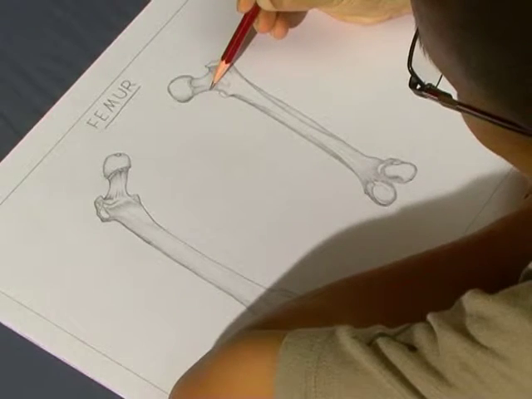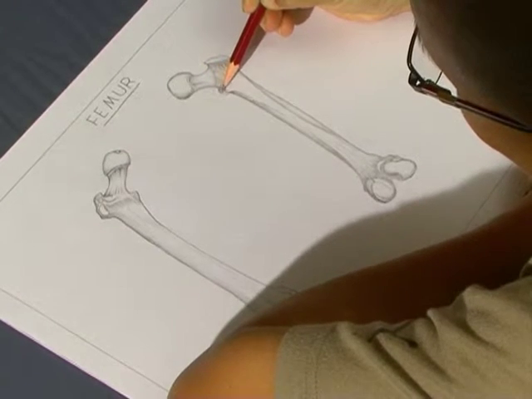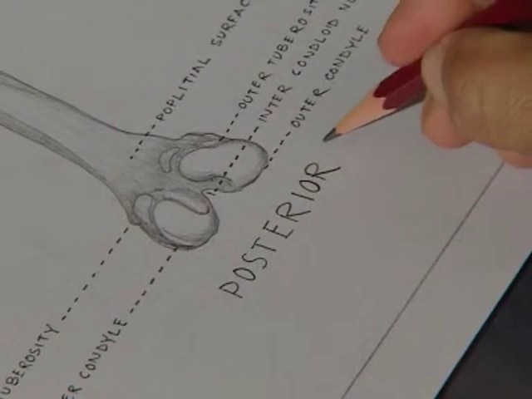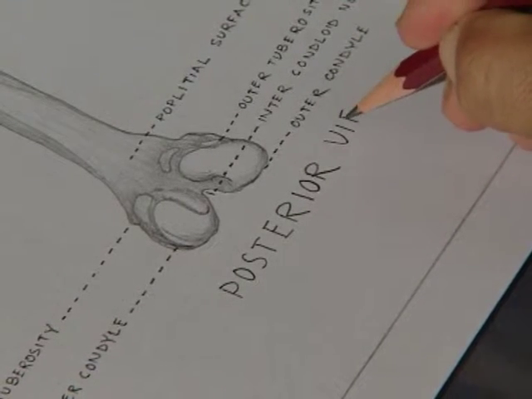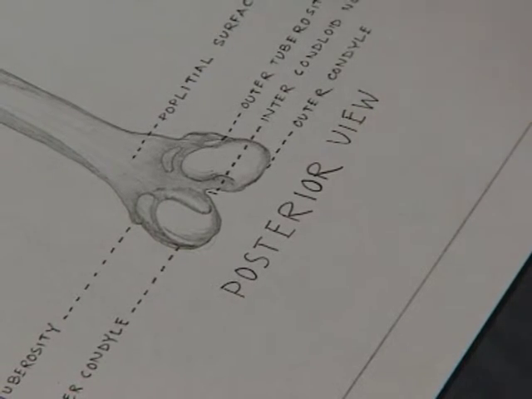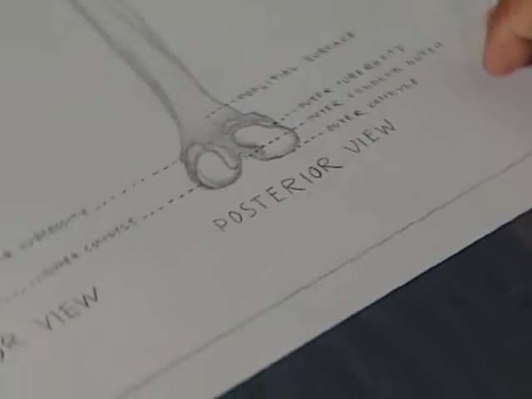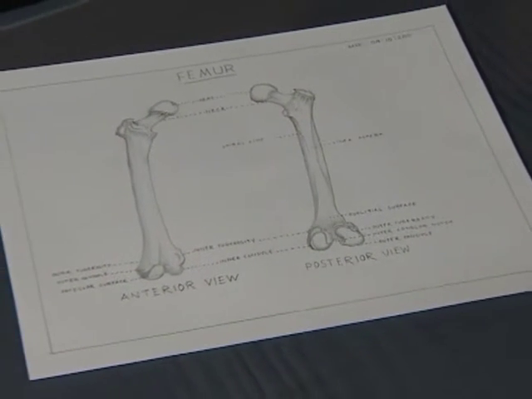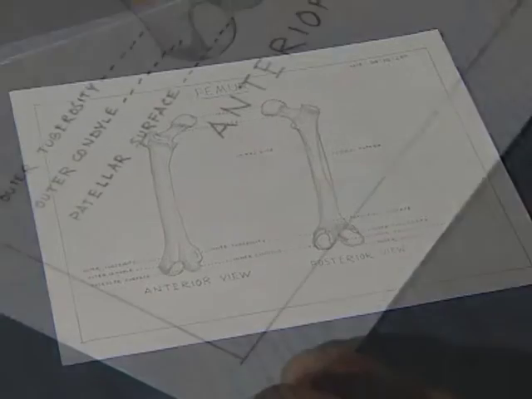the bone. Then after shading, below each of the drawings, you have to write down the view that you have drawn. Say, for example, anterior view, if it represents anterior view. Likewise, lateral view, medial view, like that.